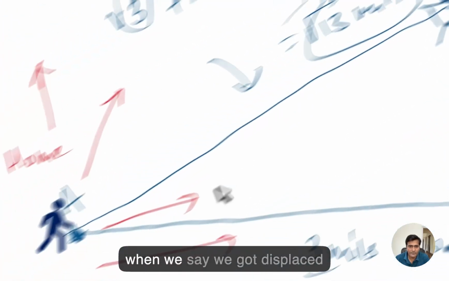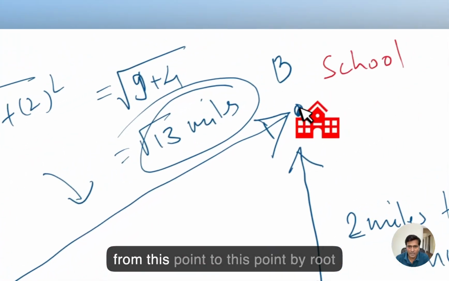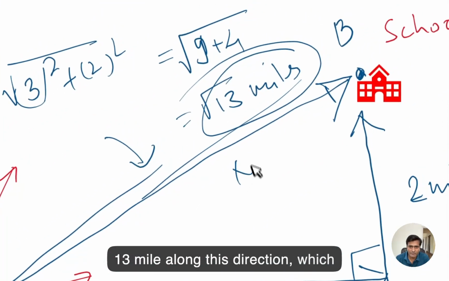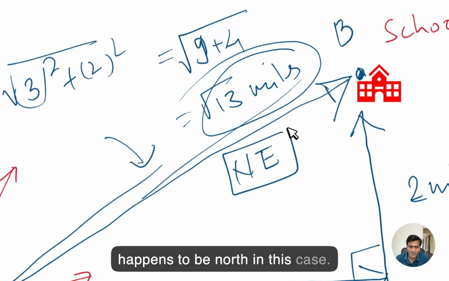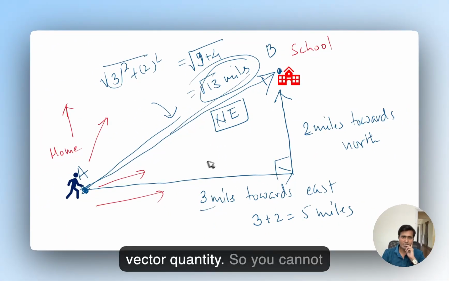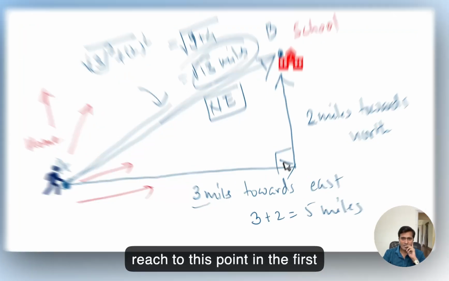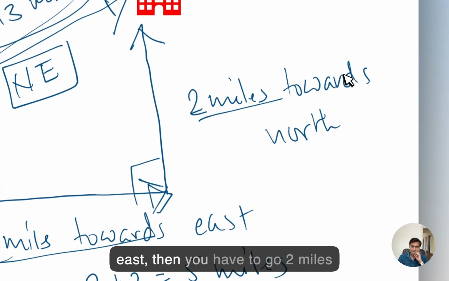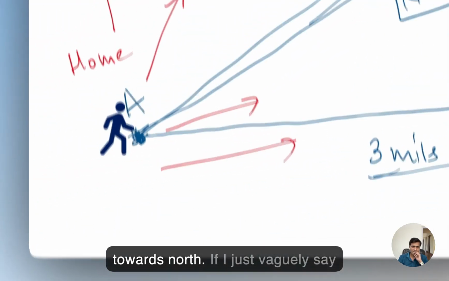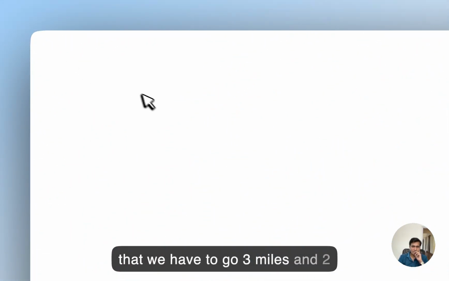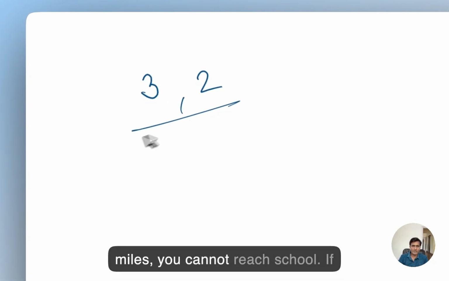So this kind of quantity, when we say we got displaced from this point to this point by root 13 miles along this direction, which happens to be northeast in this case, this kind of displacement, where direction is required, is what we call a vector quantity. You cannot reach the school in the first place if I do not tell you that you first go 3 miles towards east, then you have to go 2 miles towards north. If I just vaguely say that we have to go 3 miles and 2 miles, you cannot reach school.